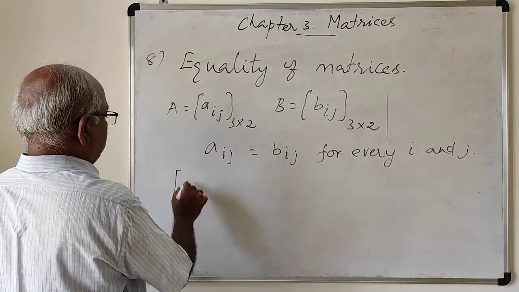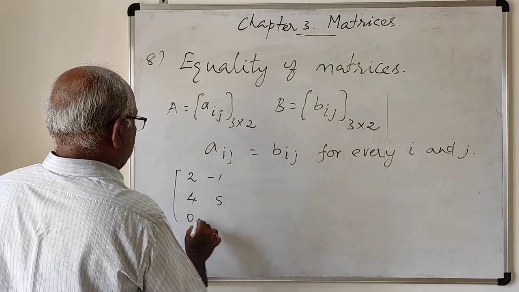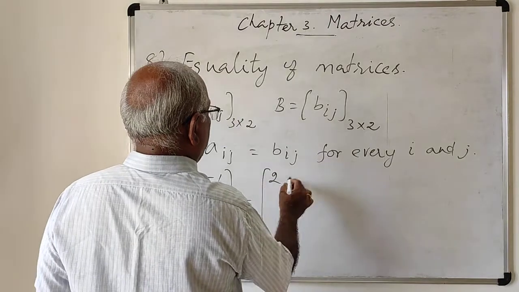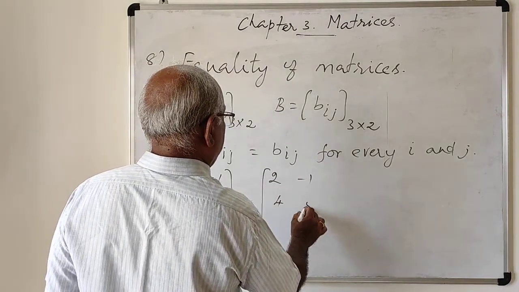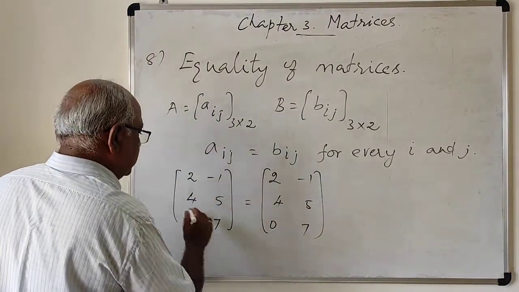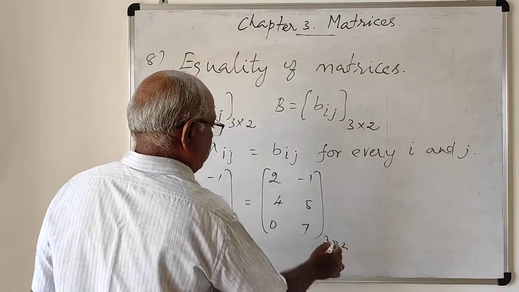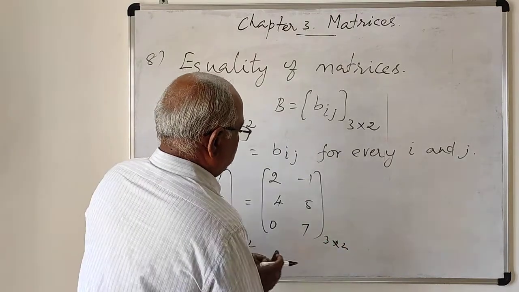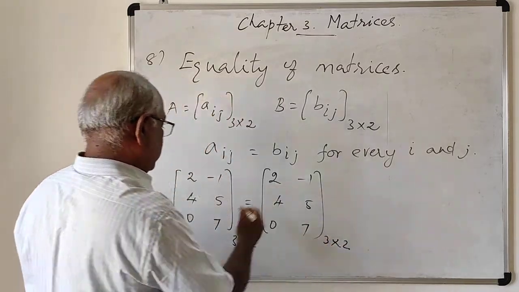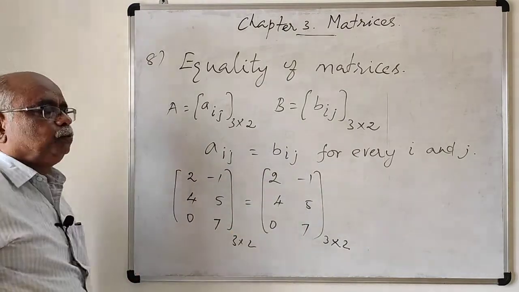Example, 2, minus 1, 4, 5, 0, 7 should be equal to 2, minus 1, 4, 5, 0, 7. They are of same order. Also, elements are equal. The elements are exactly the same.